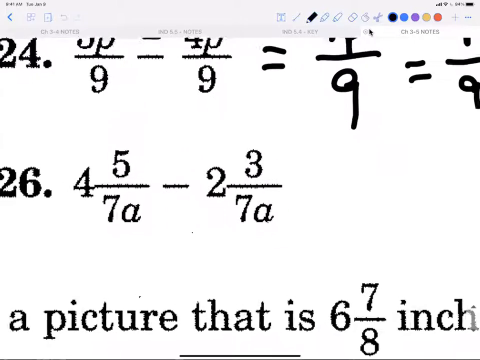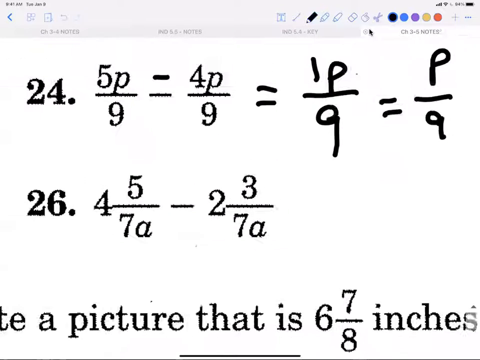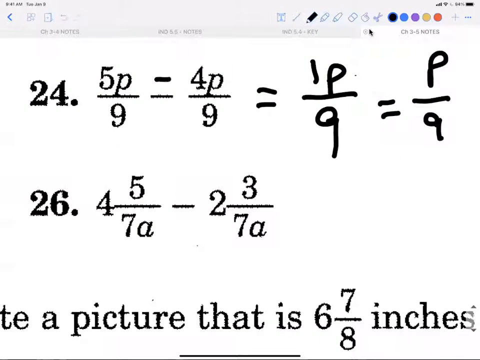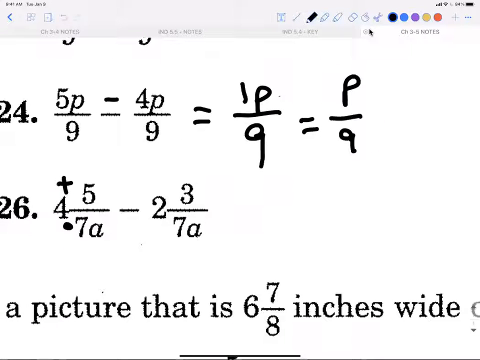All right, so turning this into a mixed number, we still take 4 times 7. We ignore the a for a minute. That's 28. Plus 5 is 33. And then just keep the same denominator like we always do, 7a.